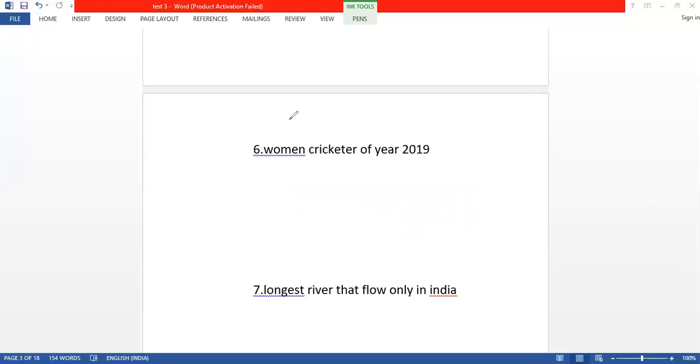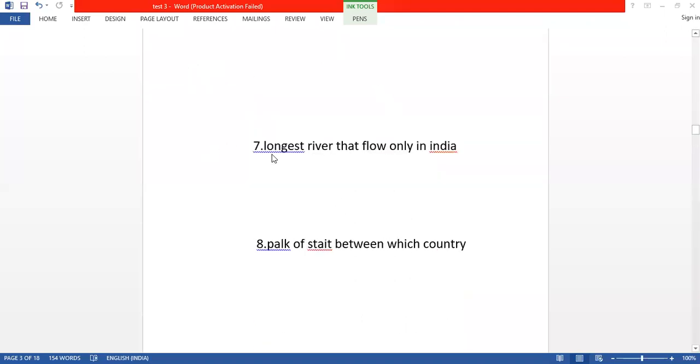Now, longest river that flows only in India. See here, the question says only in India. You have to observe that. Don't say Ganga. Only in India. Answer is Godavari. Because Ganga, tell me friends, in which states will the Ganga flow?